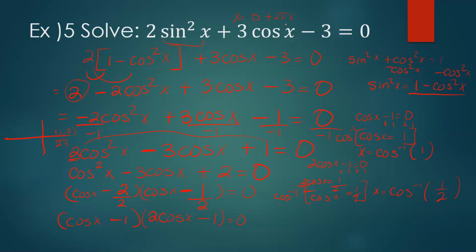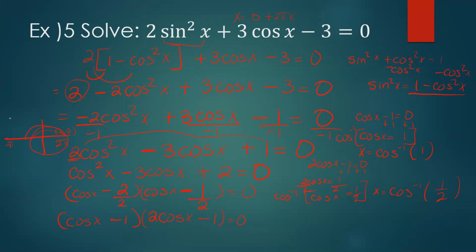Because it says all solutions, and the reason why I use 2 pi instead of pi is because you have to go at least once around the unit circle, because if you did just pi, you would end up here, which would give us pi, and pi does not give you a cosine of positive 1, right?